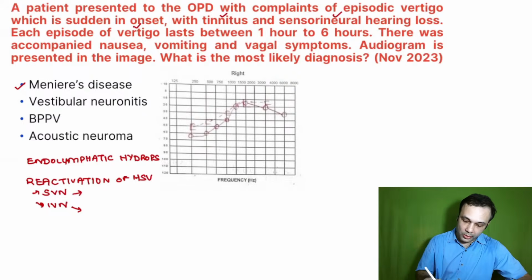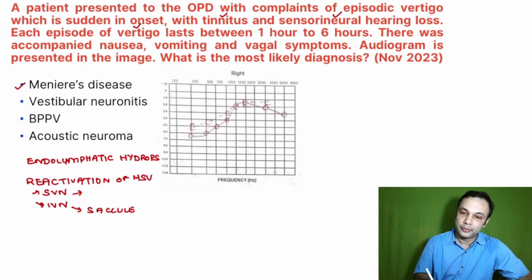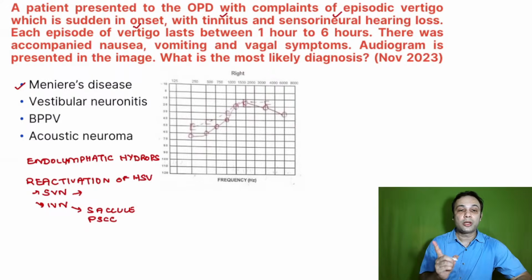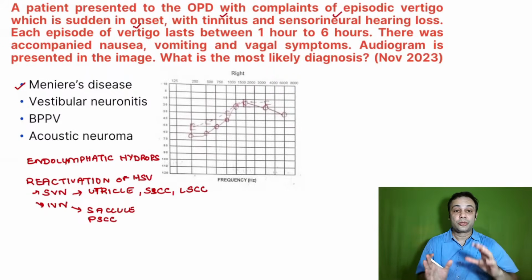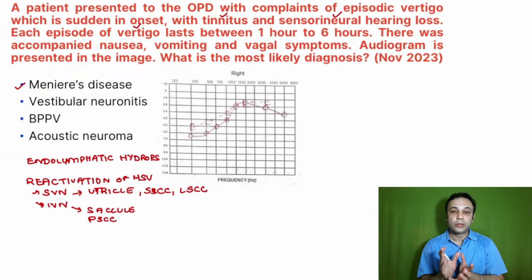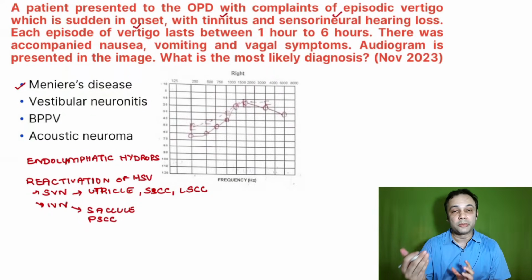So when you talk about inferior vestibular nerve, it supplies the saccule and what else? Posterior semicircular canal. When you talk about the superior vestibular nerve, it supplies the utricle, the superior semicircular canal, and the lateral semicircular canal. So this is how you should be able to gauge what the symptoms are, right?